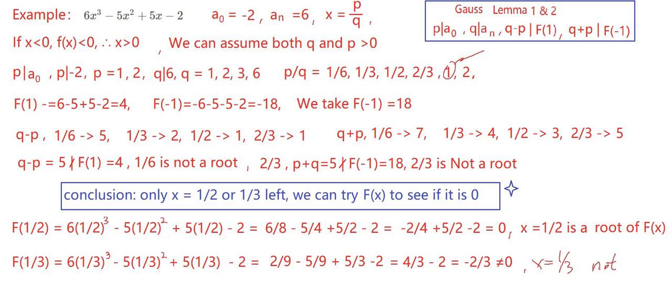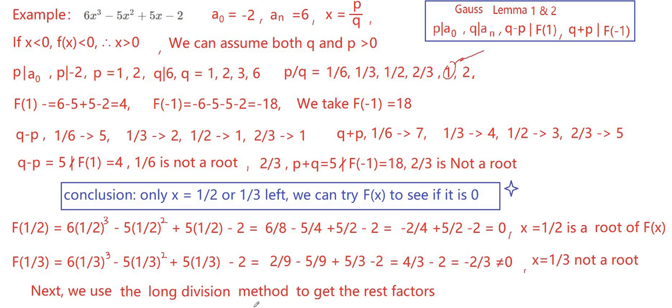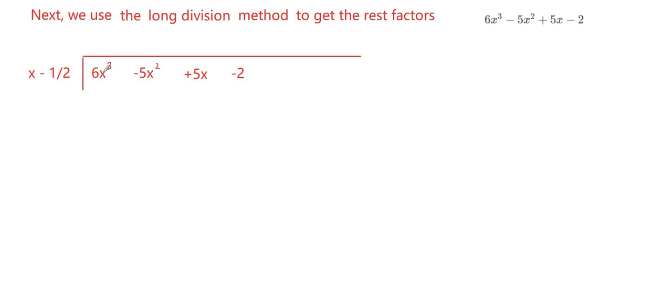a root. Next, we use a long division method to get the rest of the factors. We write the function together right here. The left side is x minus 1 divided by 2. The right side is the existing equation. And here we use 6x squared, and it multiplied by x becomes 6x cubed minus 3x squared.